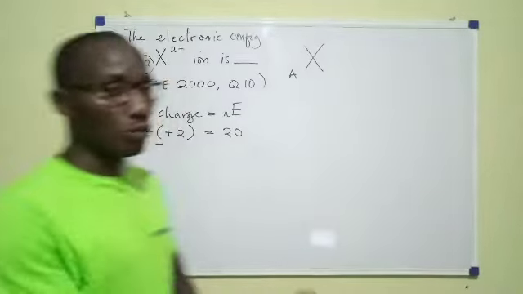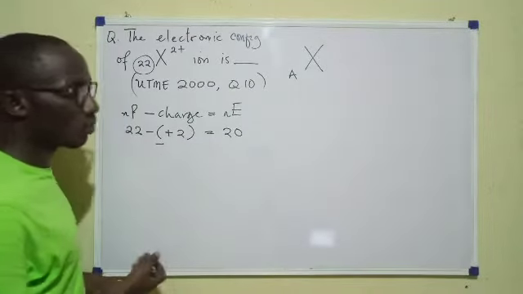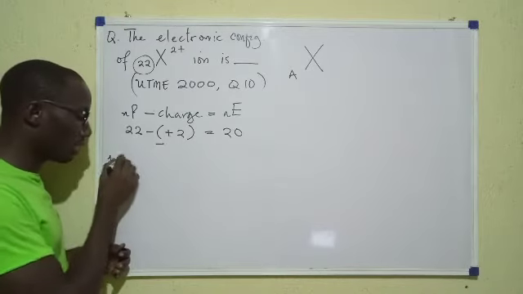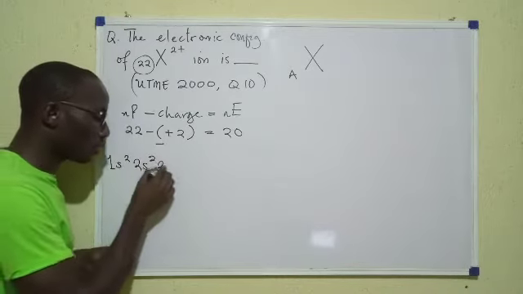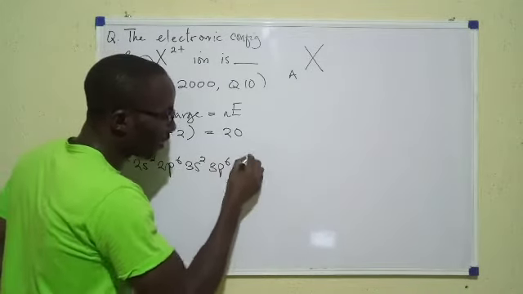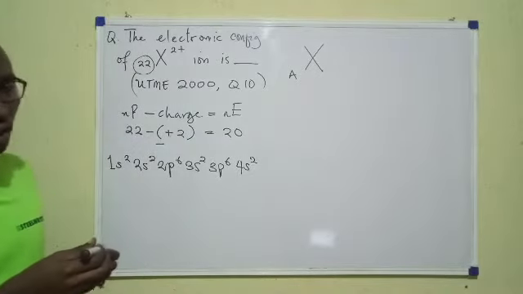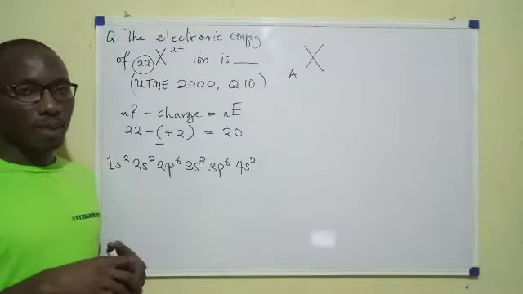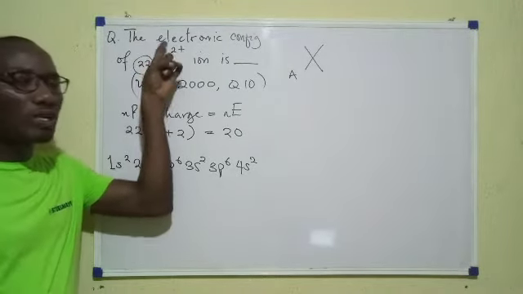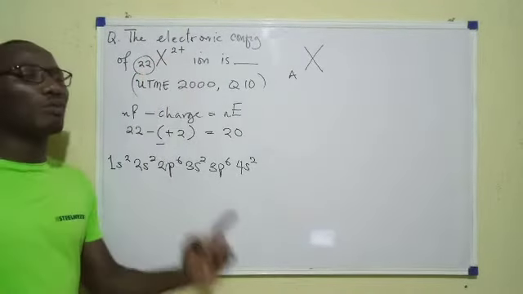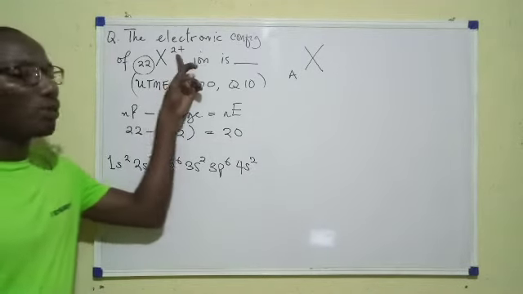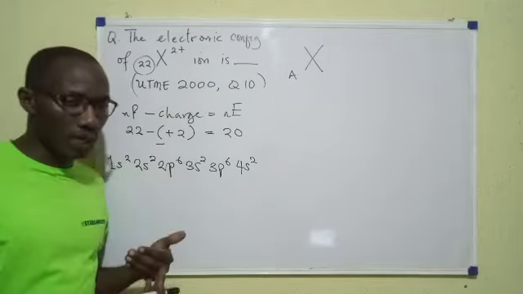However, the wrong approach would be to try to write the electronic configuration for a species with 20 electrons. In that case, you'd end up writing 1s2, 2s2, 2p6, 3s2, 3p6, 4s2. JAMB provided this in the options, but it's not the answer. To answer this question correctly, you need to write the electronic configuration of element number 22 first, and then the 2+ here tells you that it has lost 2 electrons.